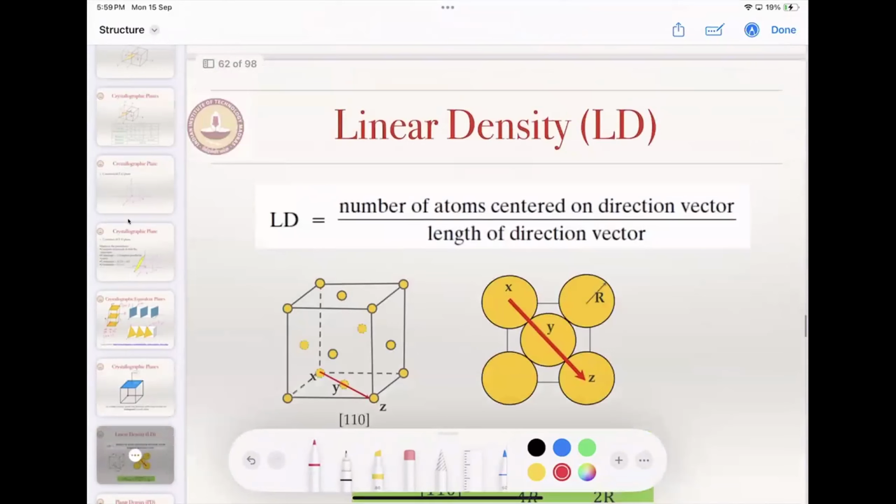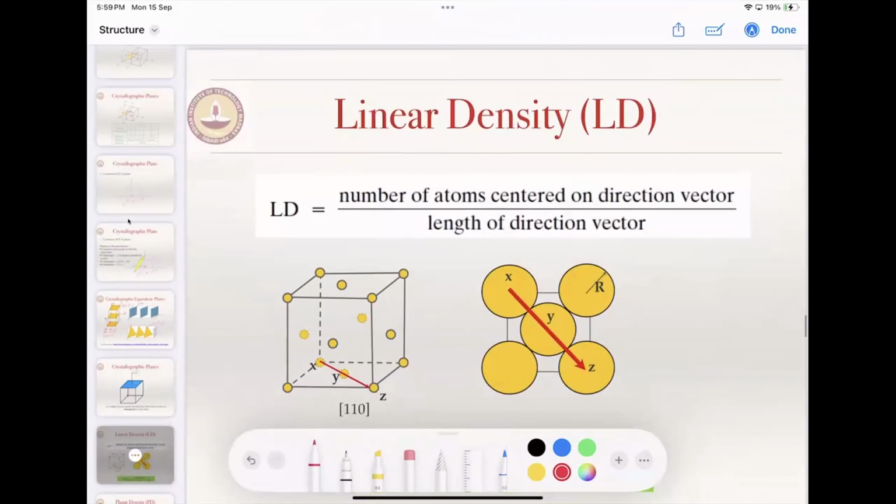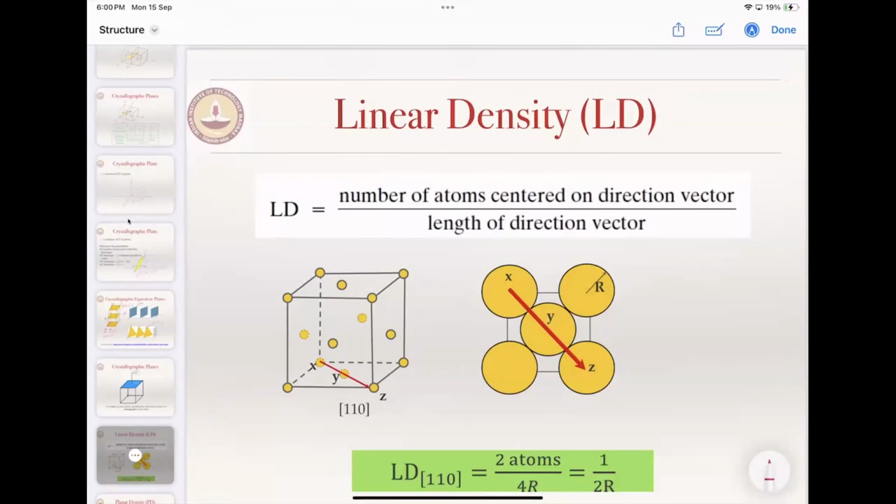Now we come to the actual reason why we have learnt about these crystallographic directions and crystallographic planes. As I told you, the equivalent crystallographic directions will simply be permutations of those symbols.